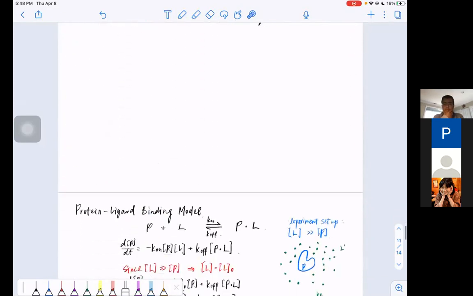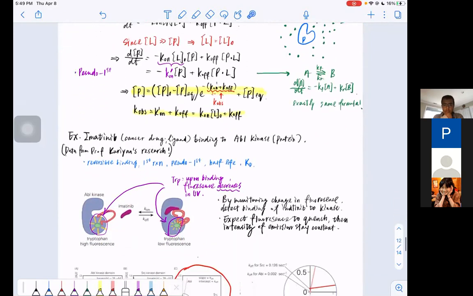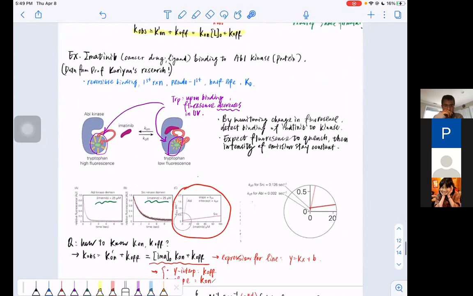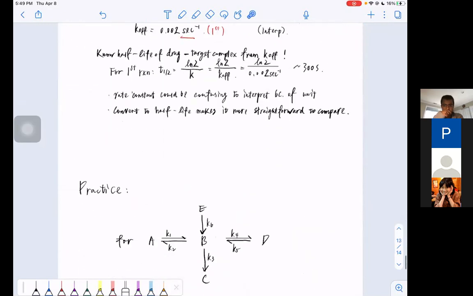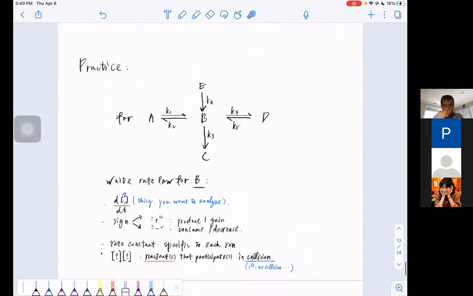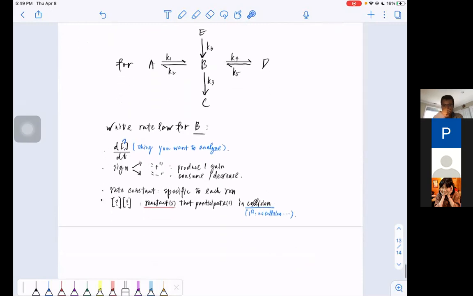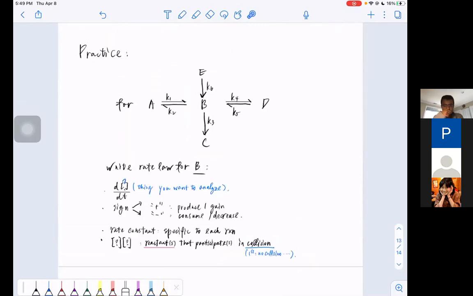Okay, and I hope you can look at these notes. This example is something Professor Korean is studying, so I encourage you to look at it. Okay, and I have a practice problem, which is just writing out the rate law, and you can try it out. Okay, that's all I had today. Thank you.